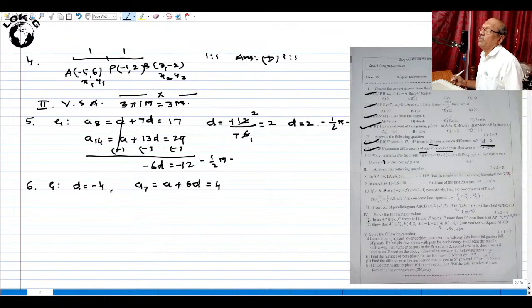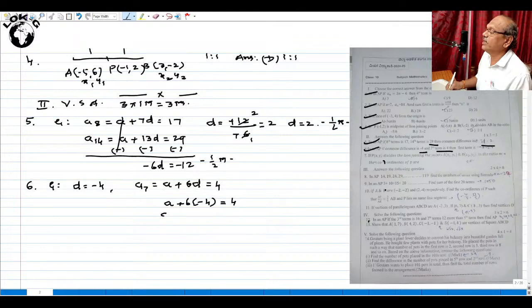Based on your application of the formula an equals a plus (n minus 1) into d, just substitute the d value and you can easily get the a value. It's an easy question. A plus 6 into, substitute carefully, there is a minus sign, d is -4, is equal to 4. Be careful about multiplication of the signs. 6 fours are 24.